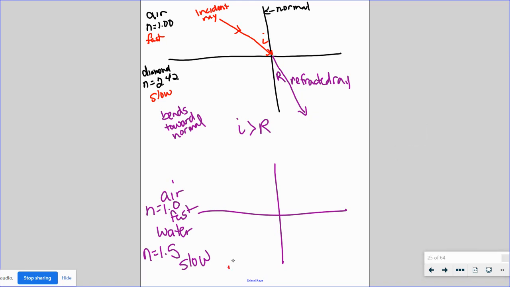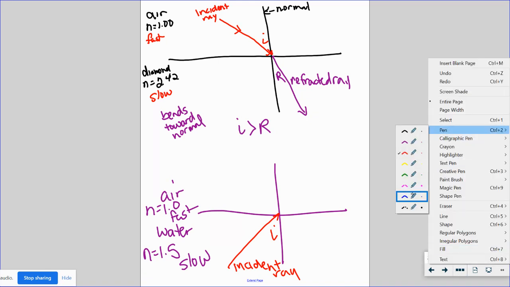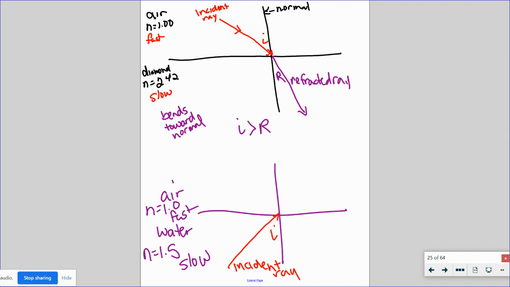So if I had my incident ray coming in to the normal, this is my angle of incidence. As it goes out, it's going from slow to fast, which means it's going to bend away from the normal.